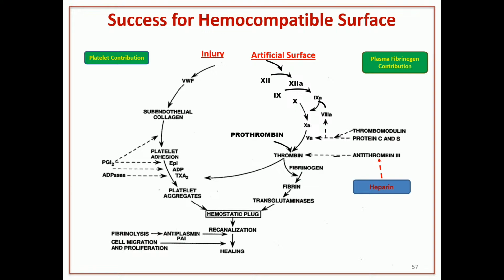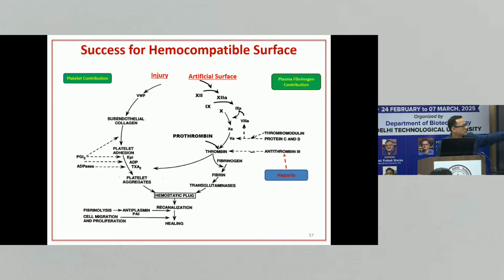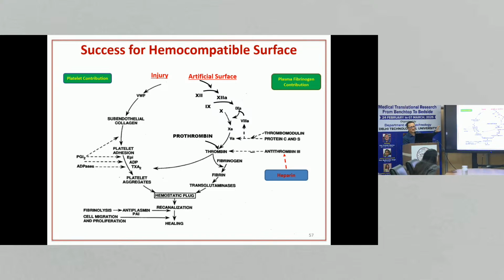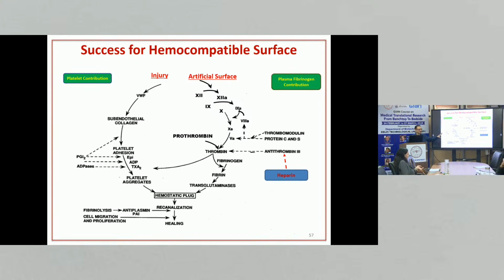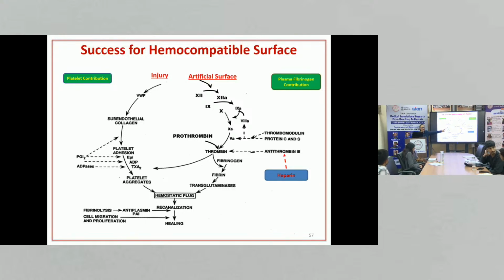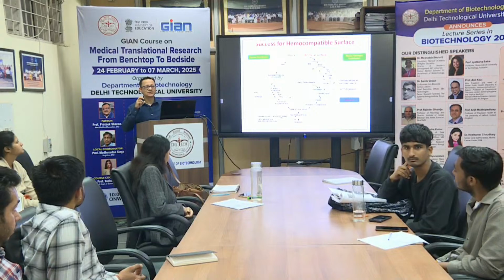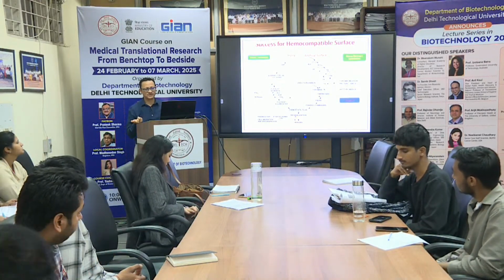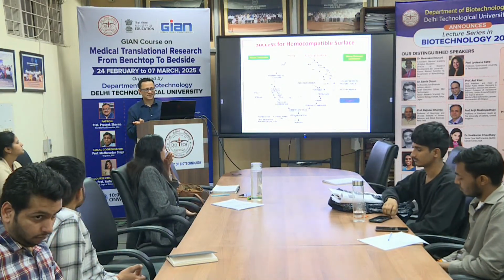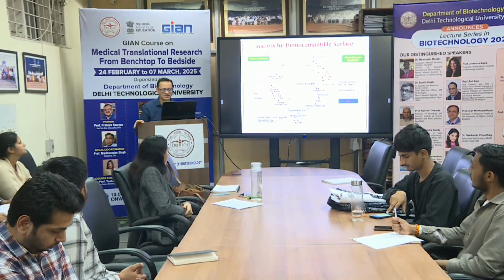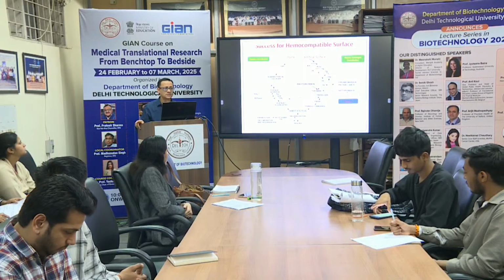Heparin works with antithrombin 3, which binds to thrombin, which prevents clotting. What's missing here is nitric oxide, which acts here, because nitric oxide is preventing platelet activation, right? And we are going to talk about that in future work.